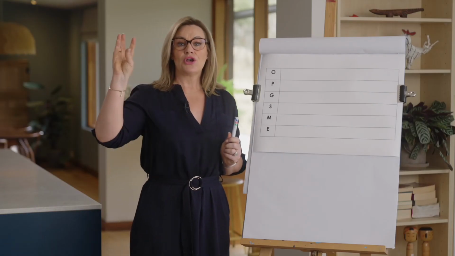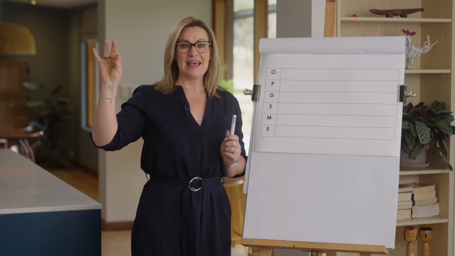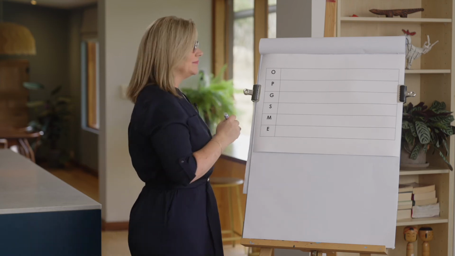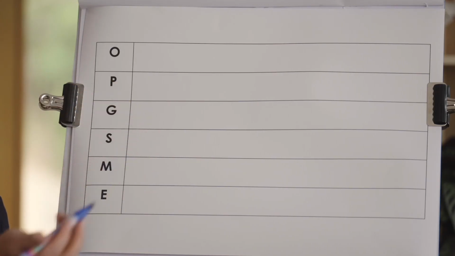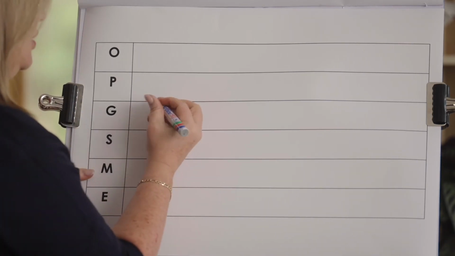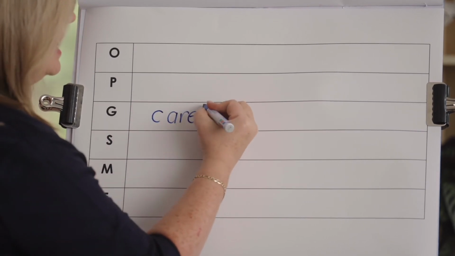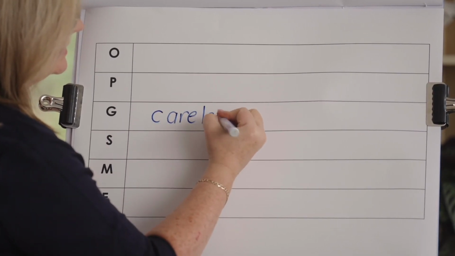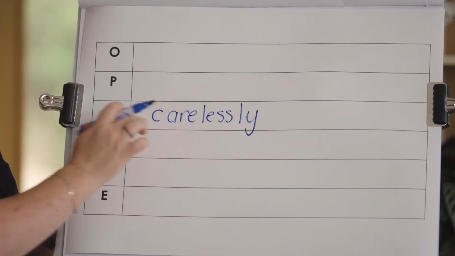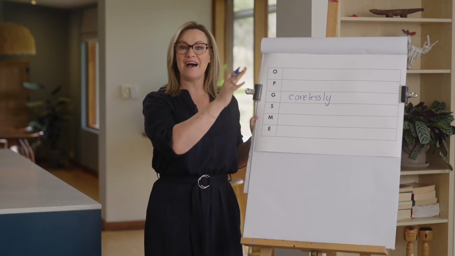Carelessly. K, L, E, S, L, E. Okay? Let's now write the graphemes that go with those phonemes. L, S, L. Now, this is a bit of a prompt word because it's not the air that we're doing this week, but it's coming up.